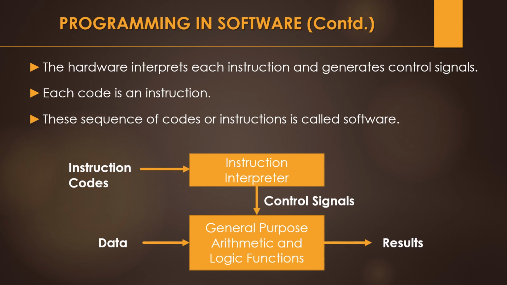If the next time the addition operation is given, the control signal tells that it is the addition operation, the data is operated on by addition, and then the output is given. So each code is an instruction. This sequence of codes or instructions is called the software.